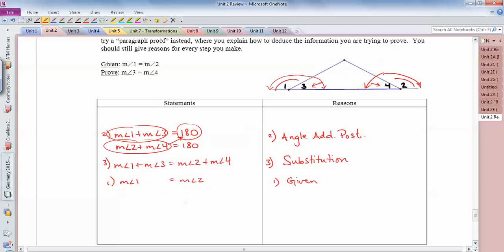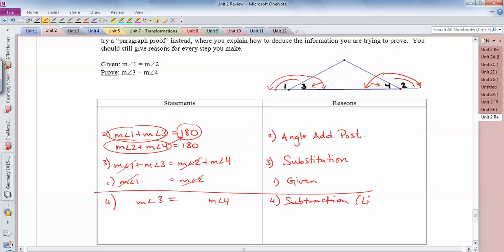There. Okay, now you might notice if I subtract straight down, these guys cancel, and I'm left with 3 equals 4. Measurement of 3 equals measurement of 4. And that's because of subtraction. And that's line 3 minus line 1 equals line 4.